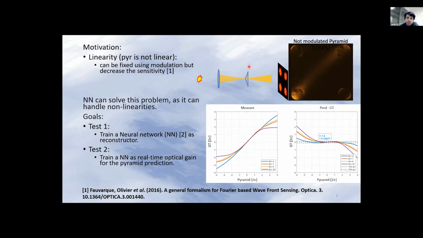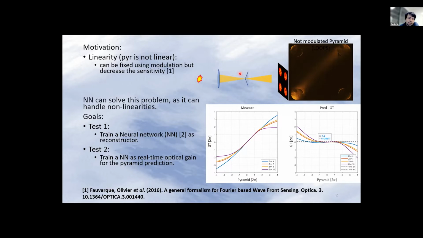For example, you can see here in this experimental setup from loops, there are two well illuminated subpupils, but there's not a lot of information in the other two subpupils.